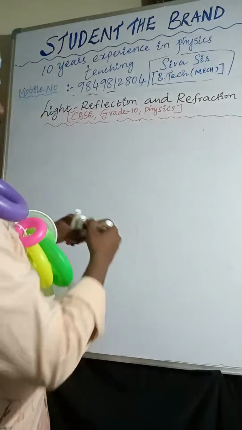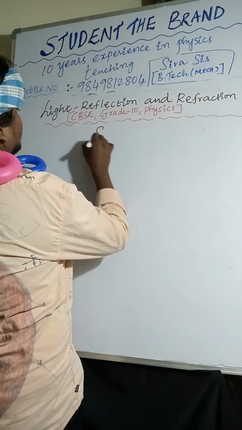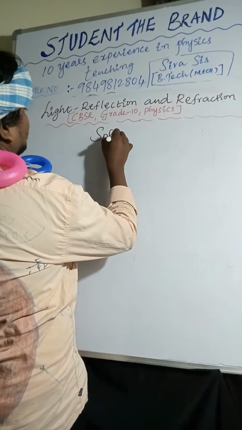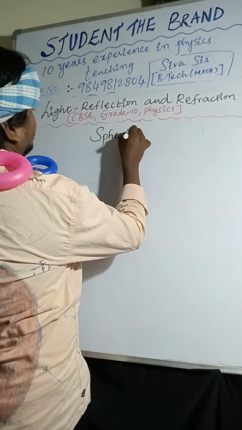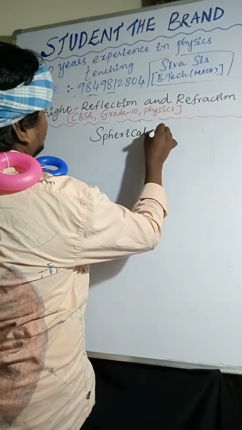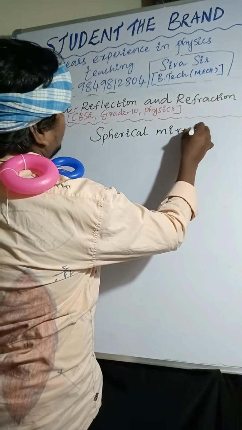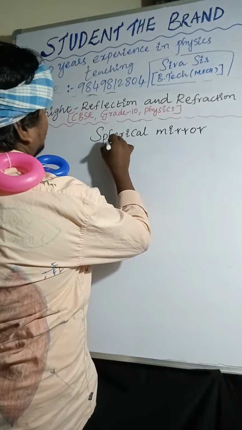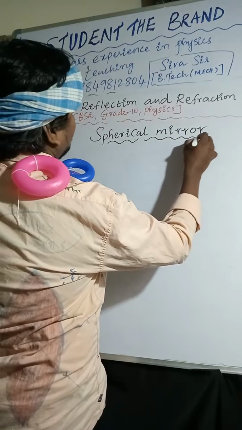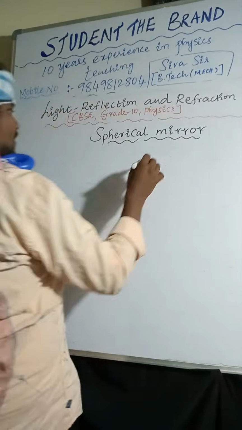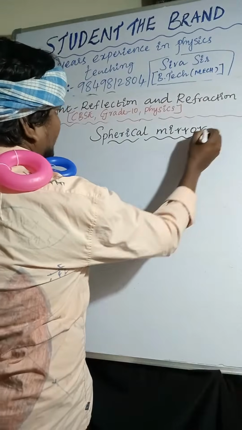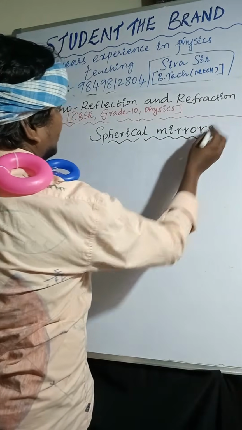Next, the spherical mirror. The mirrors which are in the form of spherical shapes, there are two types of spherical mirrors.